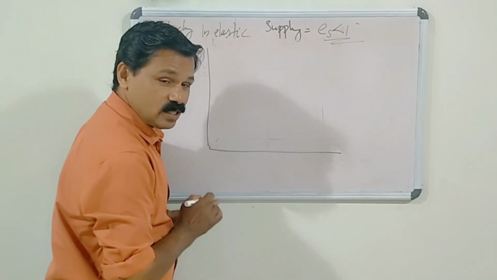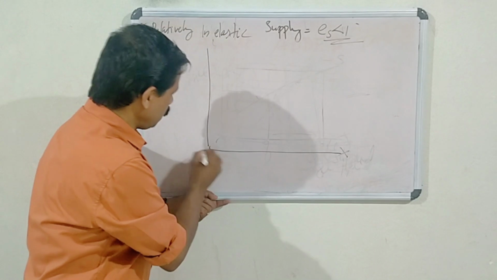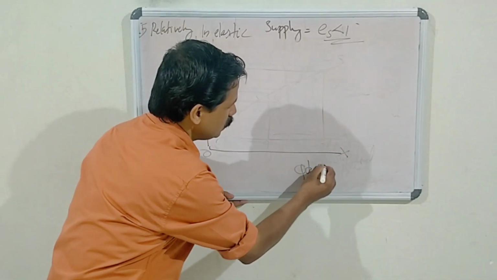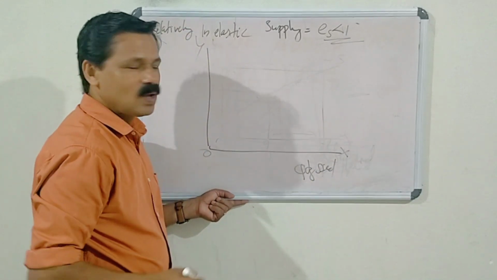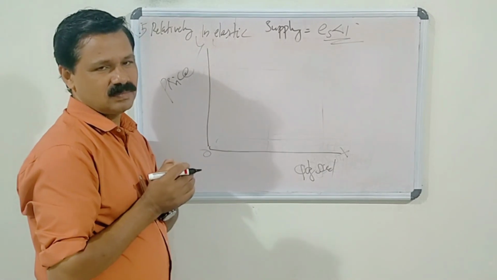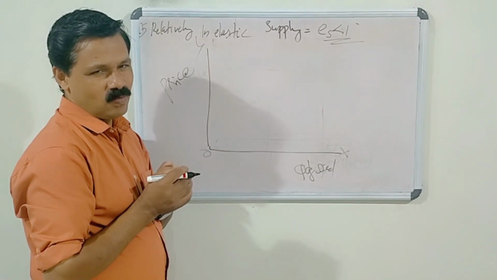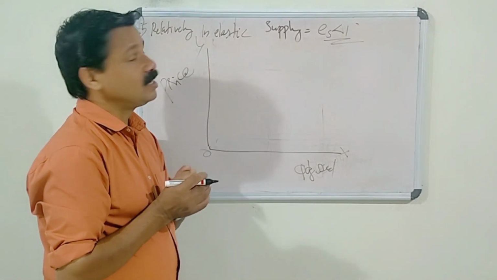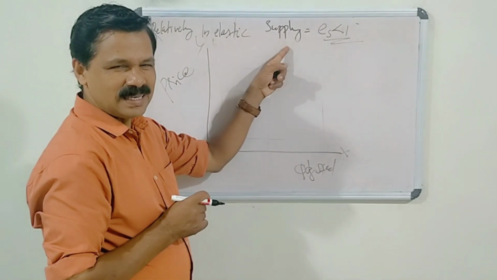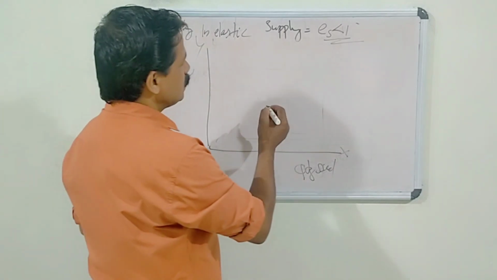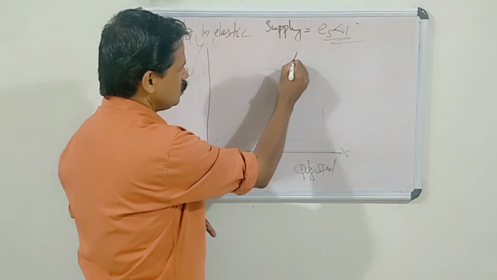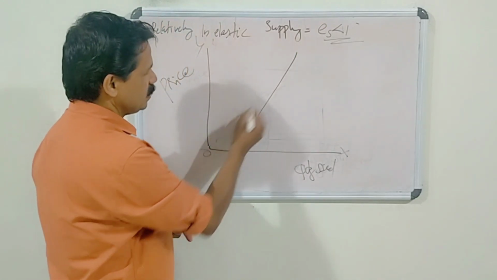As usual, the x-axis represents the quantity of the commodity which is supplied. The y-axis shows the price of the commodity in question. If a commodity is facing relatively inelastic supply, the supply curve will be comparatively steeper, like this.